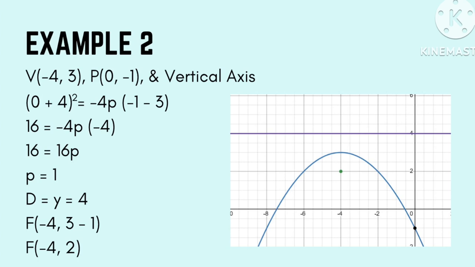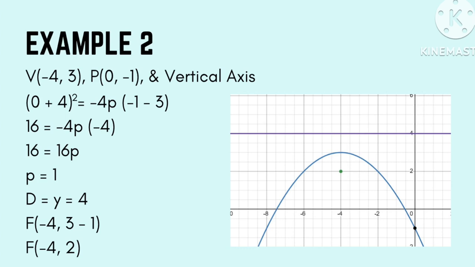Before we move on, let's analyze how the parabola faced downwards. This is because our vertex, which is (-4, 3), is located above our point, which is (0, -1). Then it states that it has a vertical axis.